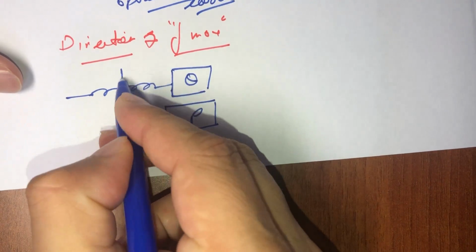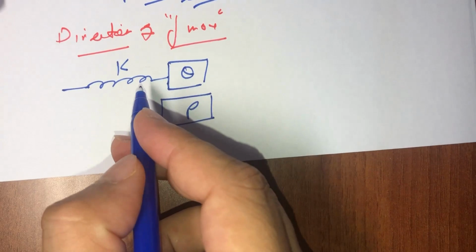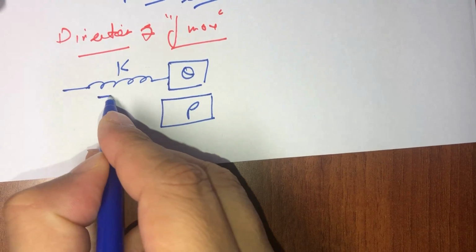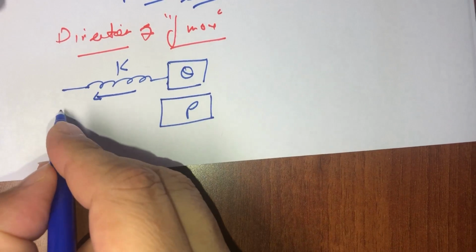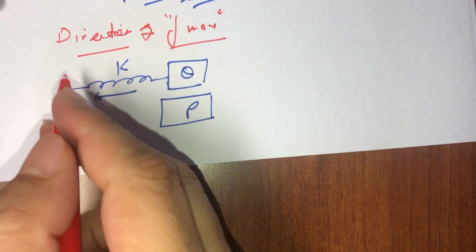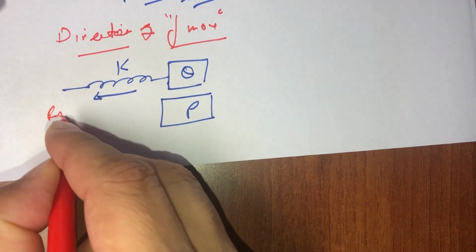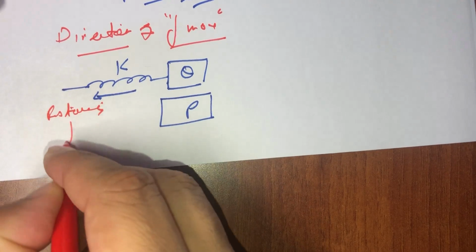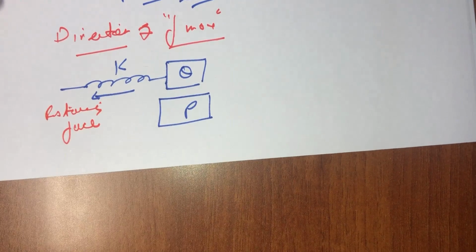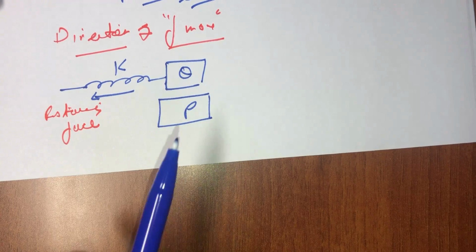So this is K, and we have a restoring force in this direction. Both the blocks should be moving together.